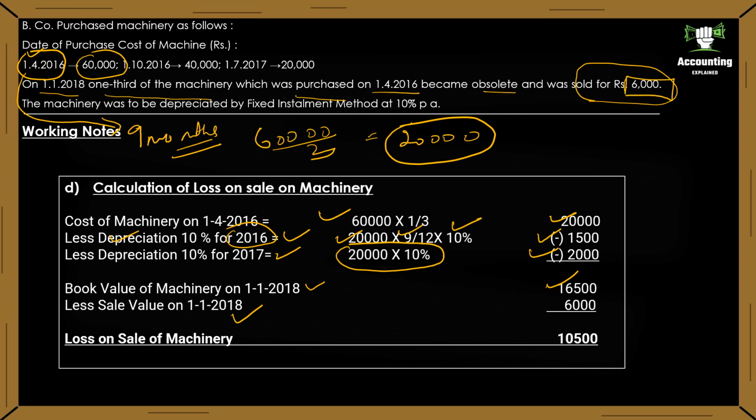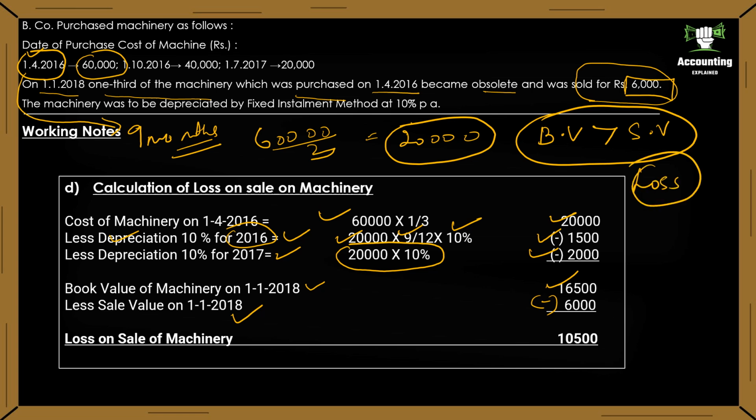So that has to be deducted, less 6,000. So here what we are finding out? Book value is greater than the sale value. So we have sold the machinery for a loss. Loss on sale of machinery is 10,500.